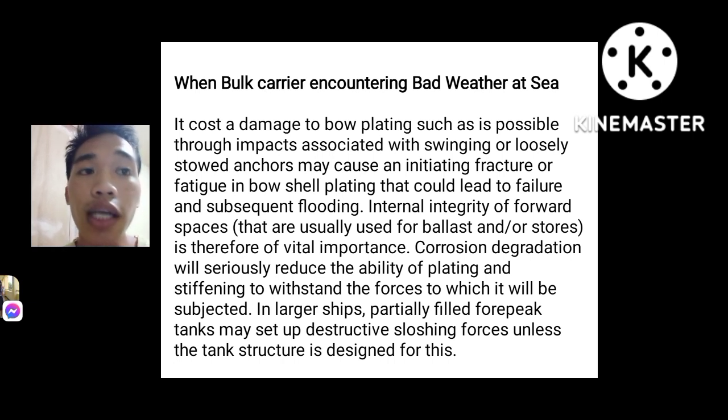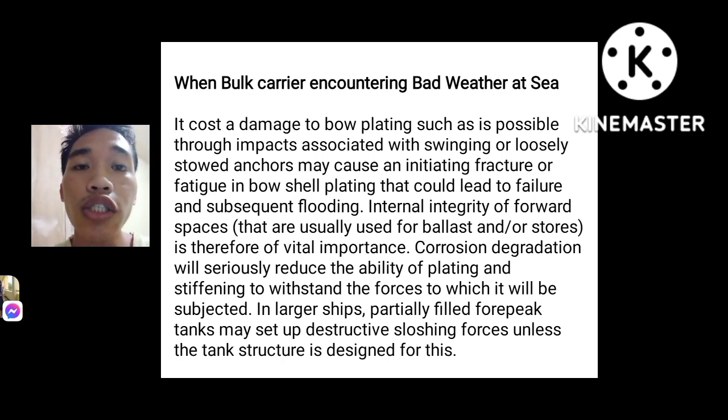This may cause an initiating fracture or fatigue in bow shell plating that could lead to failure and subsequent flooding. The internal integrity of forward spaces that are usually used for ballast and/or stores is therefore of vital importance. Corrosion degradation will seriously reduce the ability of plating and stiffening to withstand the forces to which it will be subjected.